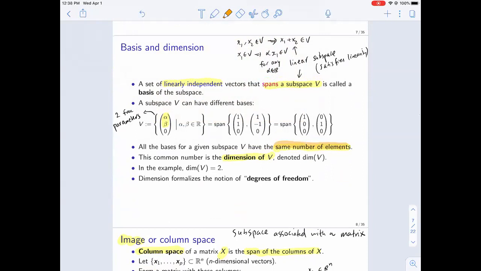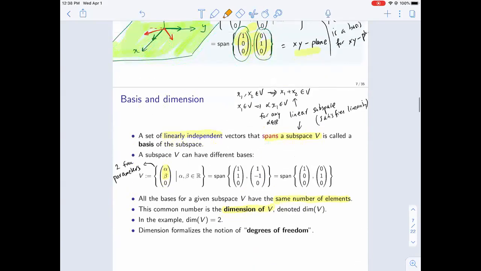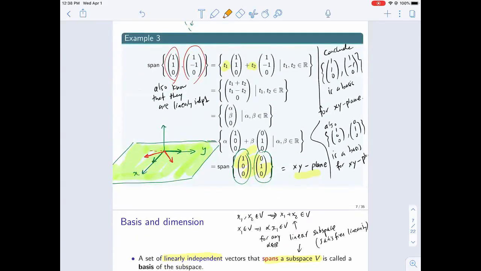That common number of elements is called the dimension of V, and sometimes we write it as dim V. In this example, we have dimension 2 because each of the bases had 2 elements.